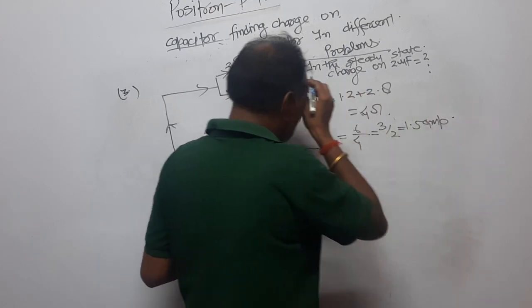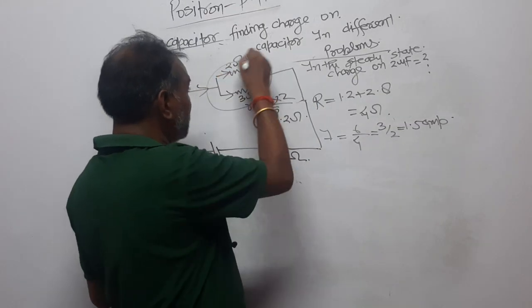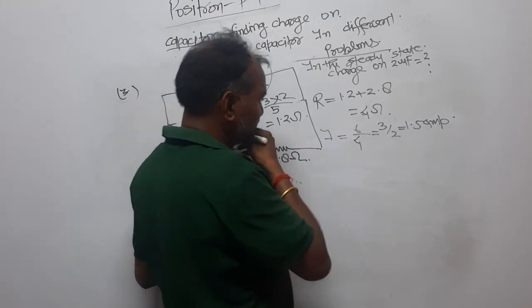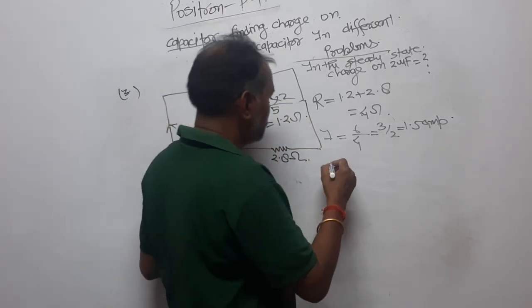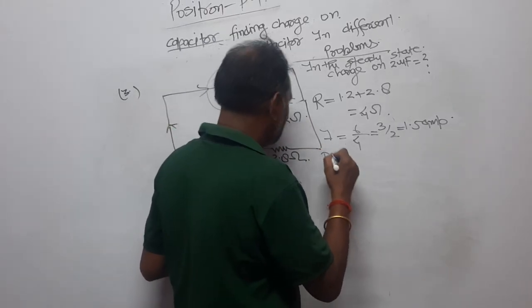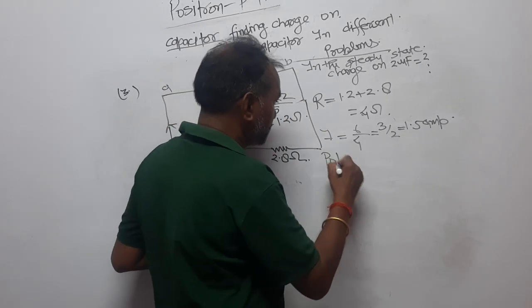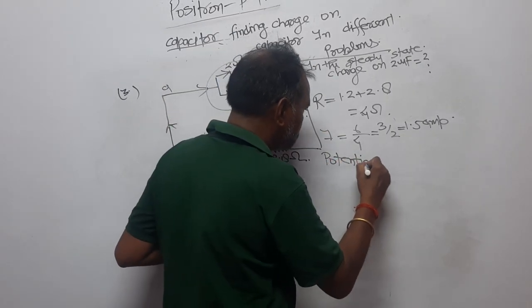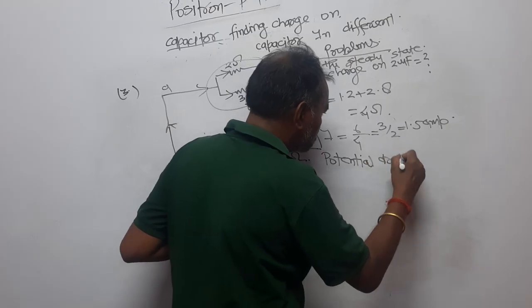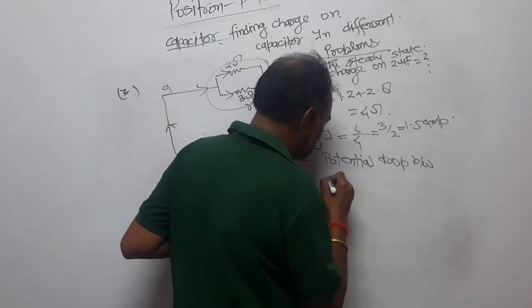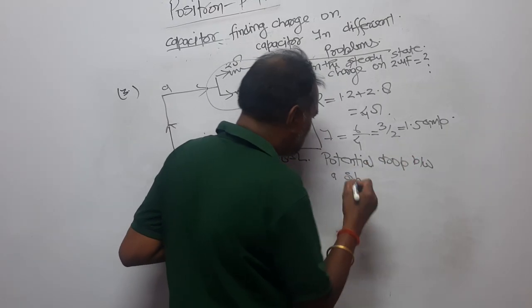Now dear student, we have to find out the potential drop across the equivalent of this. Let this be terminal A and this is B. Potential drop between A and B, what will be?